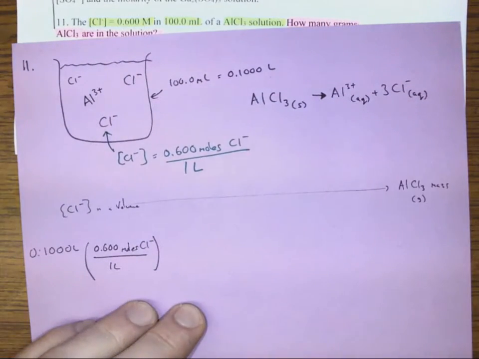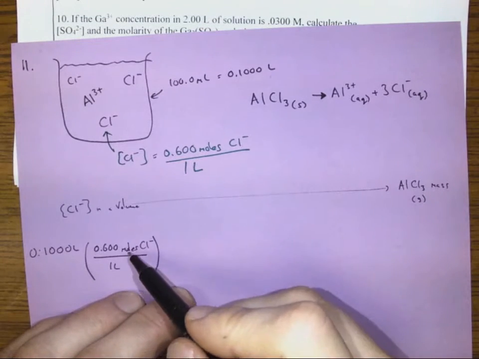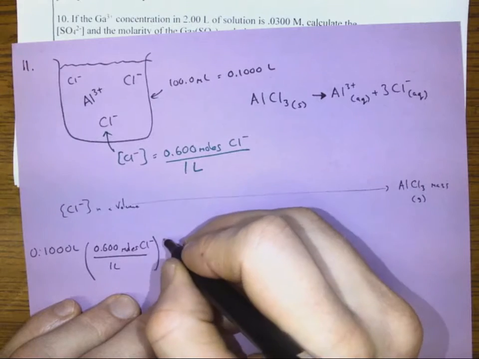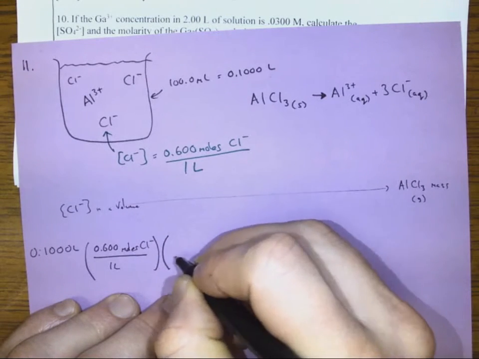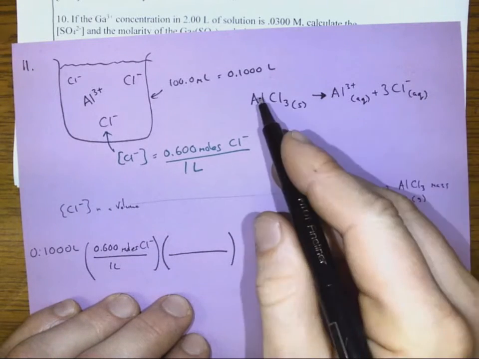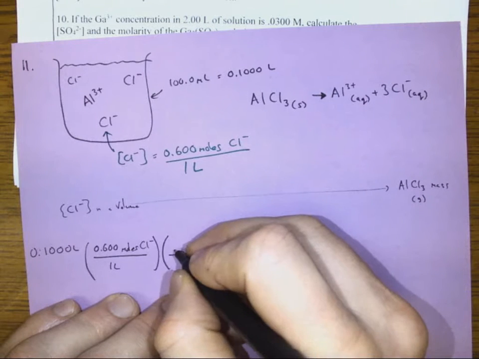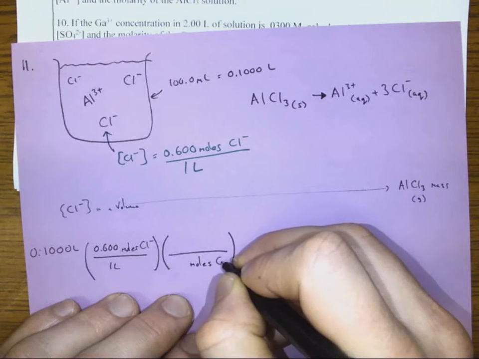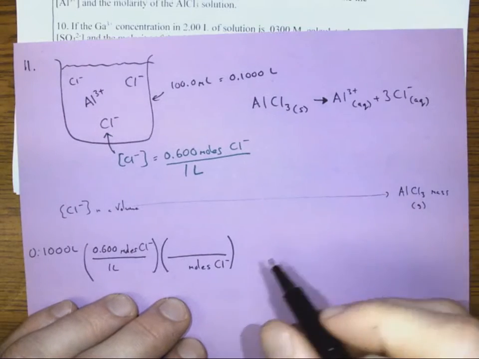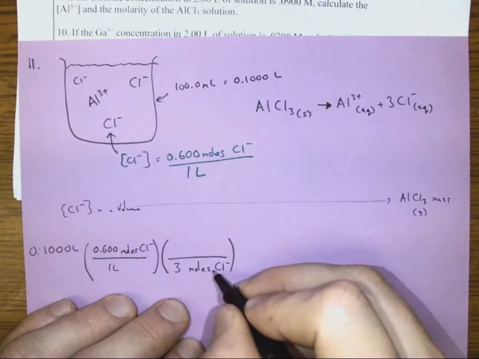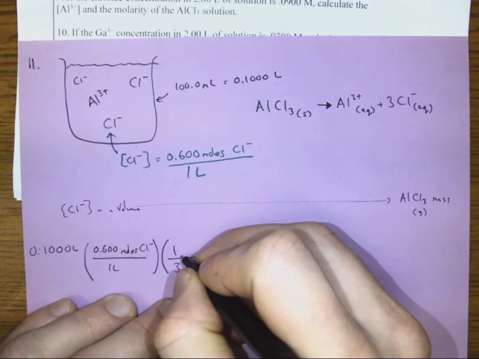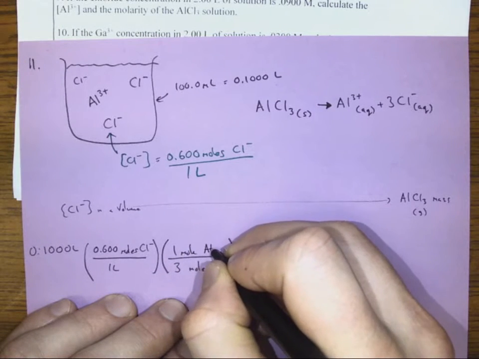Now that tells me about how many moles of chloride ions I have, and I can now make a conclusion about how many moles of aluminum chloride I must have mixed in. So for every 3 moles of chloride, I have 1 mole of aluminum chloride.